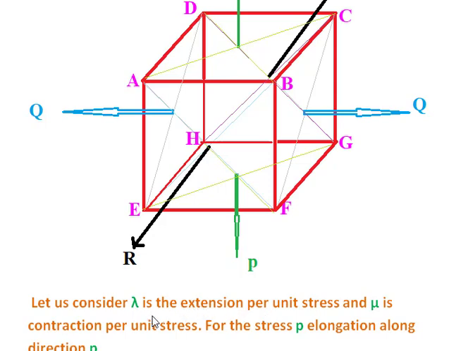Let us consider lambda as the extension per unit stress. When you apply a force, it will extend, so the length increases. At the same time, mu is the contraction per unit stress, so the length will be reduced. This is expansion, and this is contraction: length increases, length decreases.